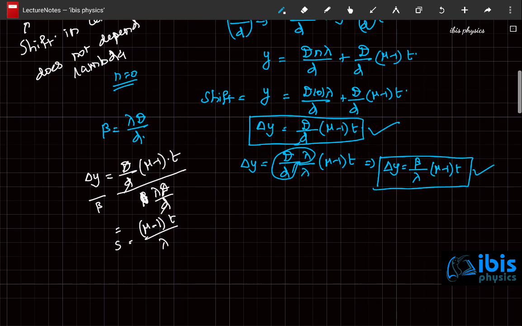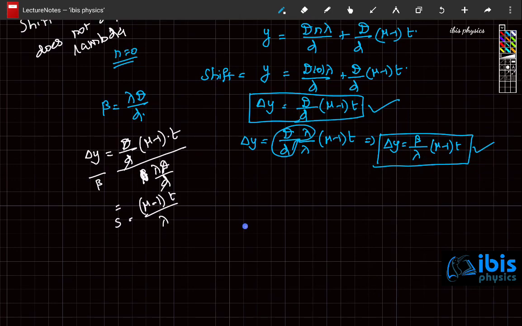So I'll just summarize all the formulas. Actually the shift in the central maximum is D by d into mu minus 1 into t. The other way of writing the shift is beta by lambda into mu minus 1 into t.